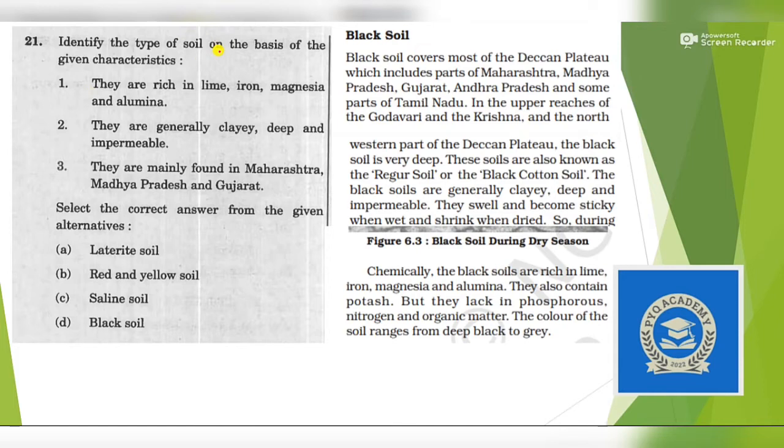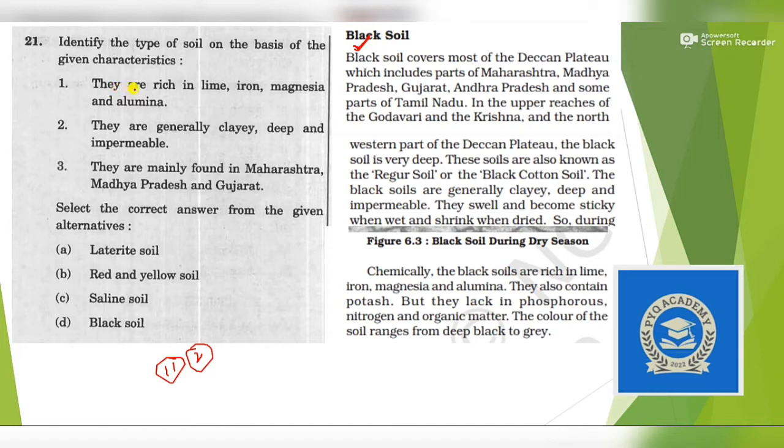Identify the type of soil on the basis of given characteristics. There is a dedicated chapter in the second part of the 11th NCERT, and I think each and every year a question is asked on soil. Now let's look at the options.